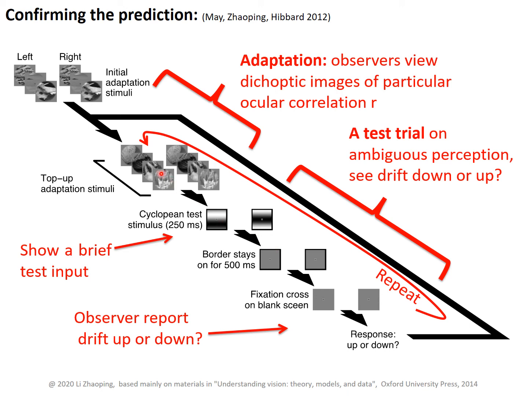At the beginning of each of such testing trials, some top-up adaptation was provided to maintain the adaptation state. Indeed, the chance of seeing the summation drift direction was dramatically altered by such an adaptation, just as predicted.